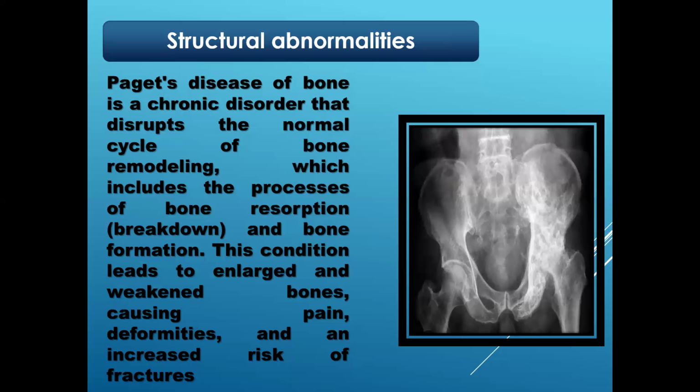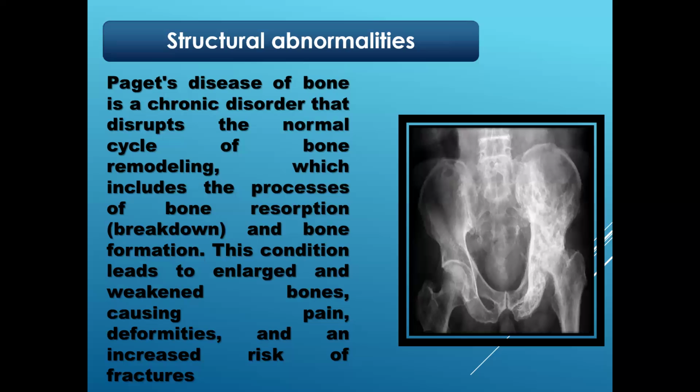And now let's look at Paget disease briefly. This disease is characterized by an increased osteoclastic activity, those cells responsible for breaking down bone. This is followed by a compensatory increase in osteoblastic activity, that's formation, which leads to formation of new bone.